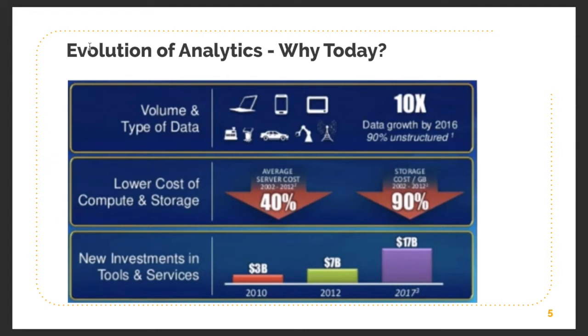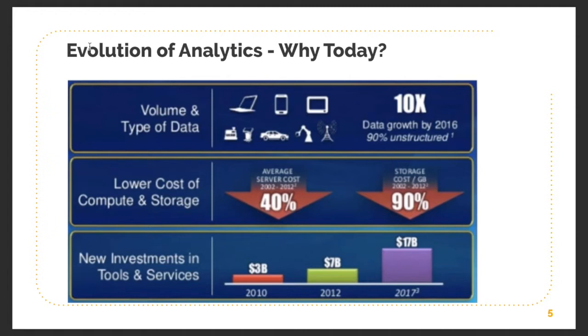When people started tweeting, posting videos on Facebook and YouTube, and sensors are generating data and it is being collected, there was a tenfold increase in data growth by 2016. And what is interesting is 90% of that is unstructured.